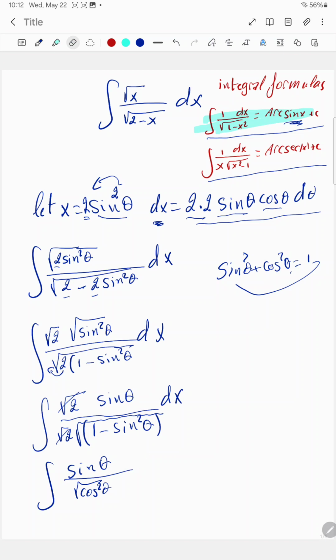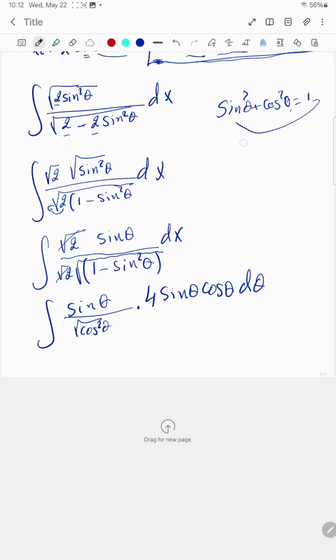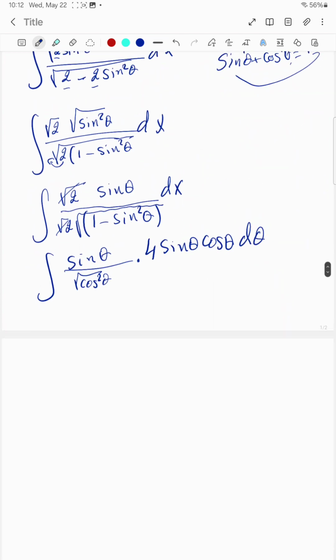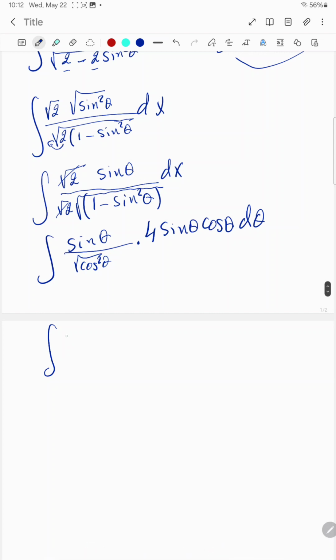So my integral now becomes sine theta divided by, square root of cosine squared of theta is cosine of theta, multiplied by 4 sine theta cosine theta d theta.